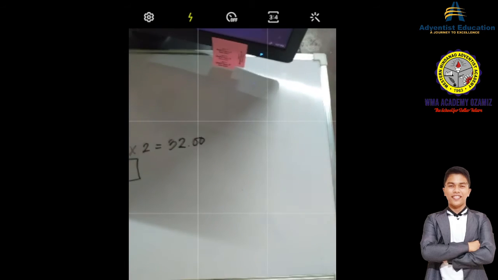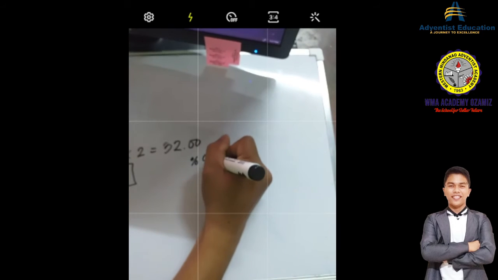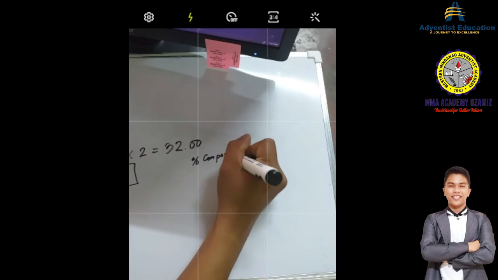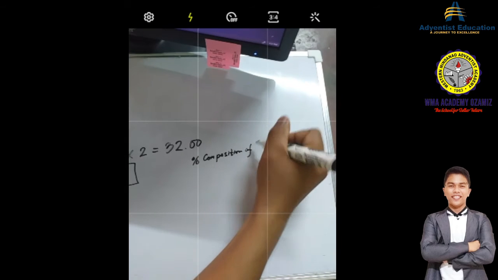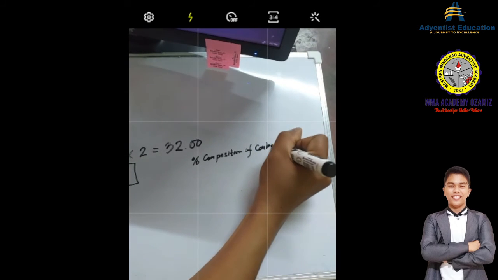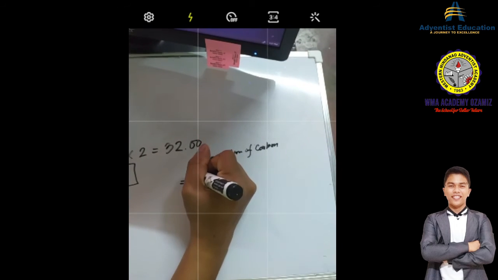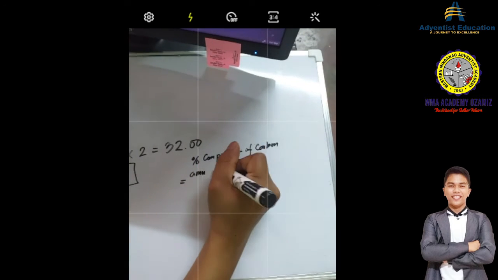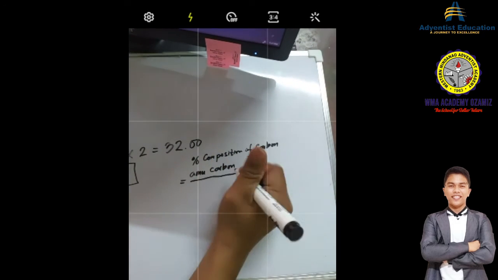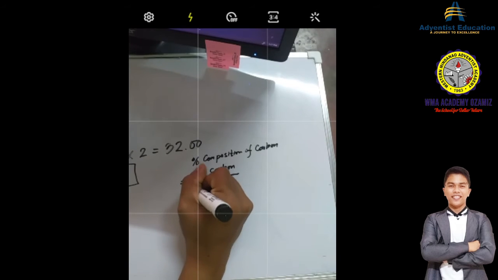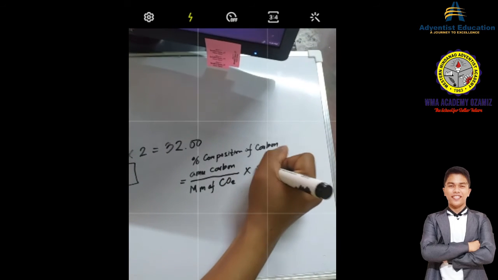The formula is percent composition of, what we're going to find now, carbon, is equal to the atomic mass of carbon divided by the molecular mass of CO2, or the carbon dioxide, times 100.